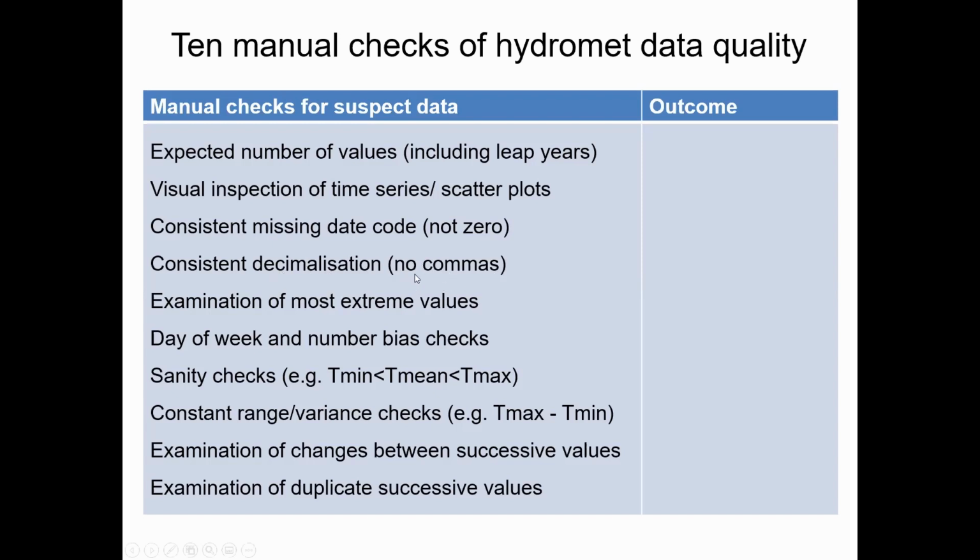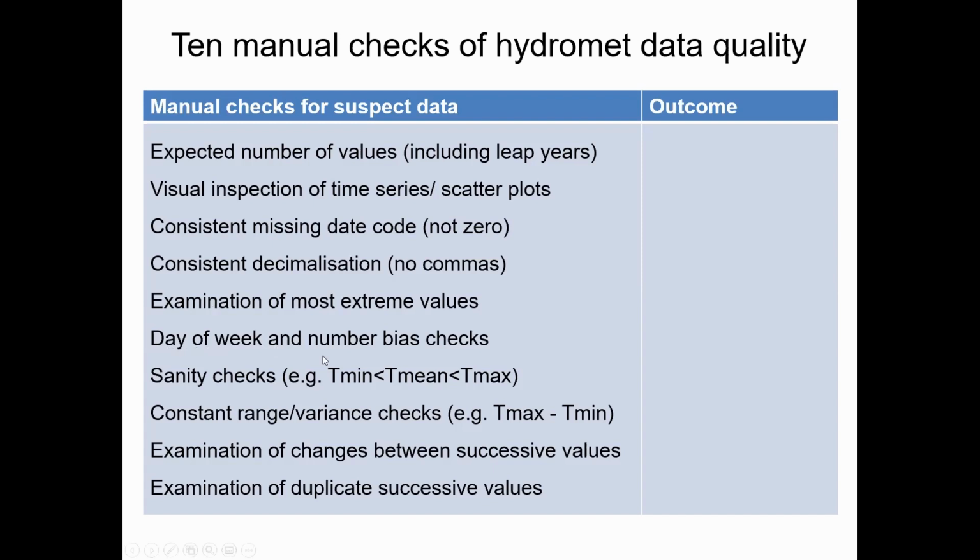How are commas or decimal points being used? Is the decimalization correct? Let's take a look at the most extreme values. Are they within a range that you would expect for the location? So having a sense of what might be a realistic value is always a useful thing.